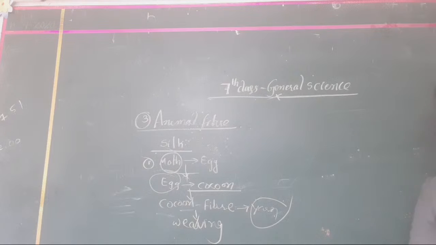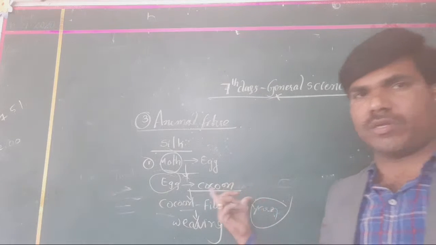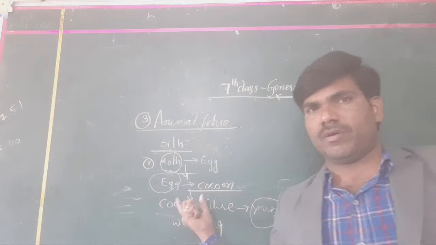It is a cellulose protein. The cocoon is a cellulose protein. It comes from our silk moth.